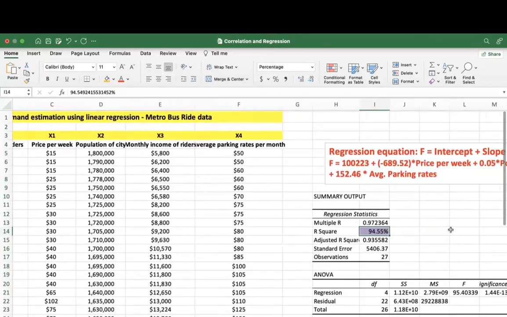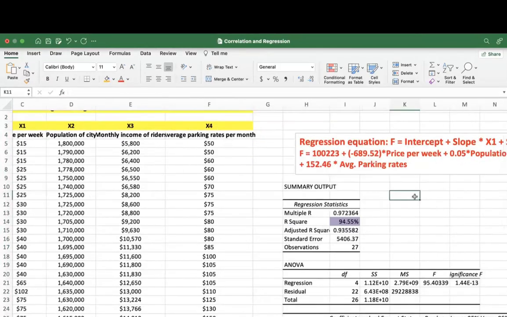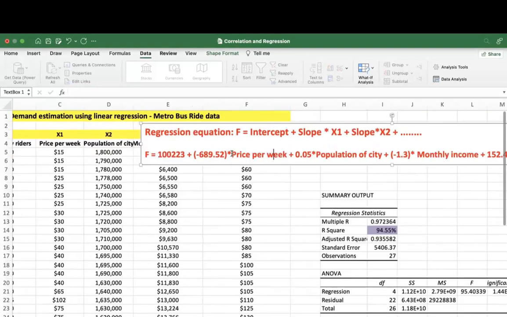So that's one thing. The second thing is that we want to know how much. This is a general equation, and this is where we substitute values. This is the slope and then price per week. I want to see what would happen if price per week falls to 10. I will write here 10. And then population of city. Currently I can see it's something like 1.8 million, 1.7.